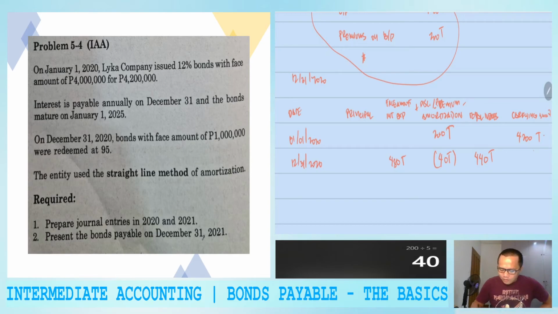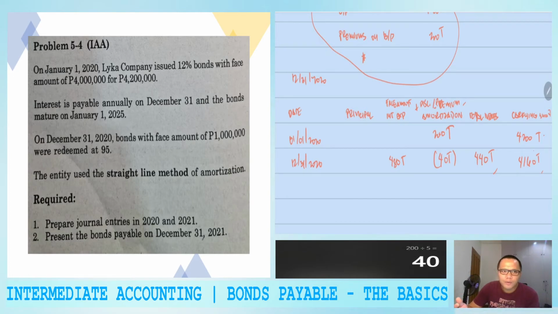So if we deduct that, obviously that is 4,160,000. Di ba? Simple lang. So by looking at this, the total interest, klaro na, 440. And the carrying amount, we have 4160, which is this amount should be presented in your balance sheet. No, mas madali, no?